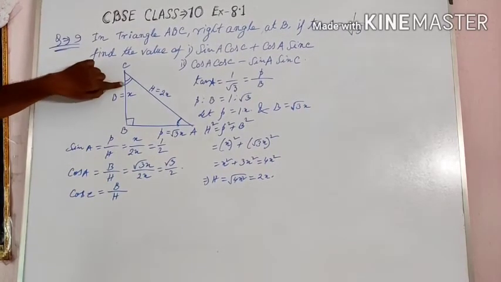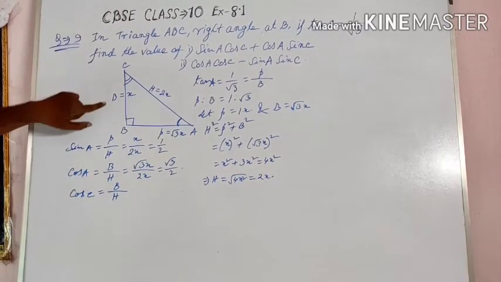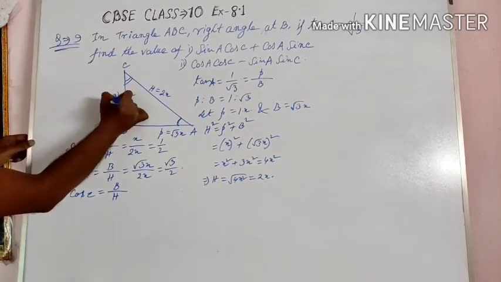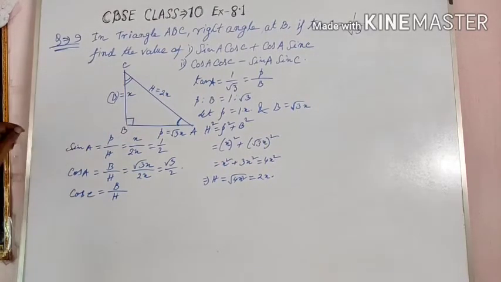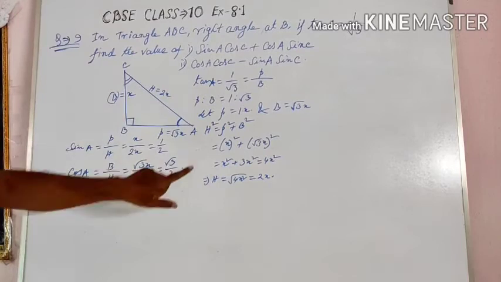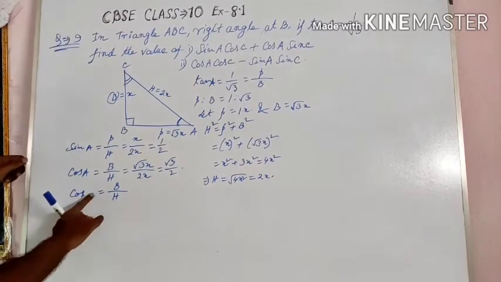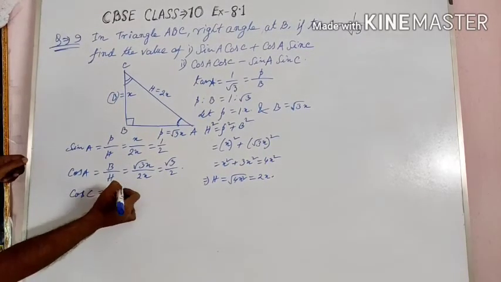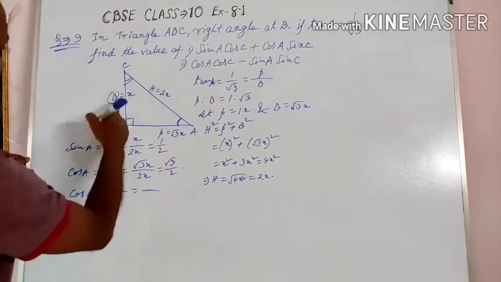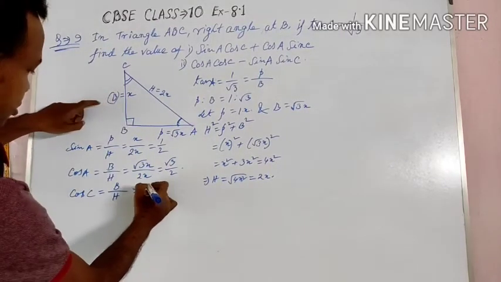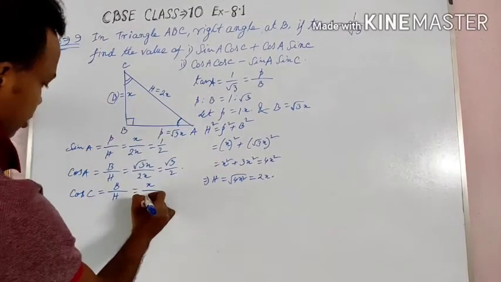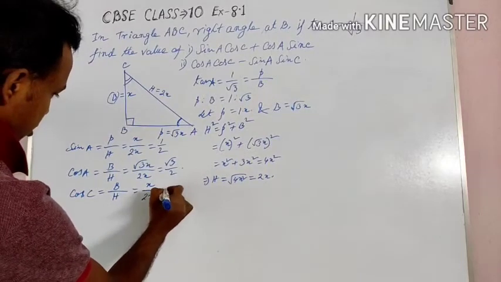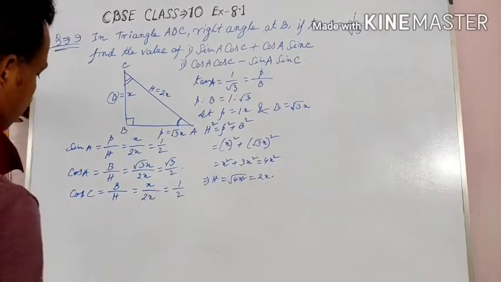If you consider angle C, then the base is CB and the perpendicular is BA. So cos C is equal to base by hypotenuse. In that case, base is x, hypotenuse is 2x, so it is 1 by 2.